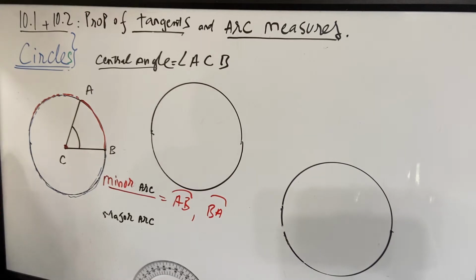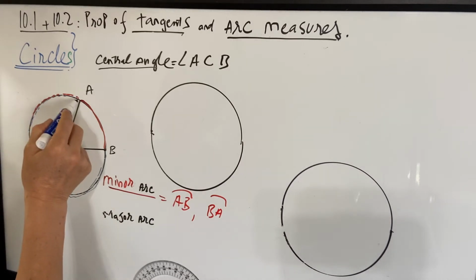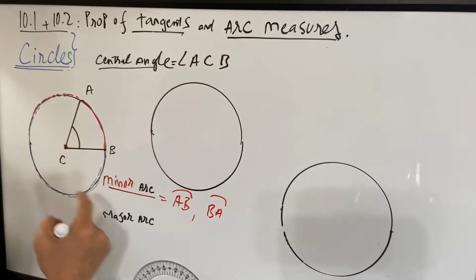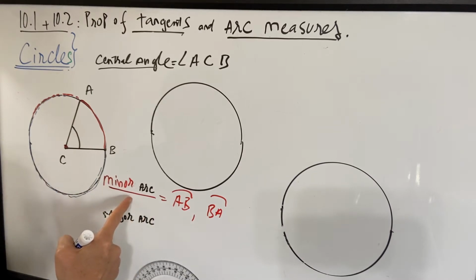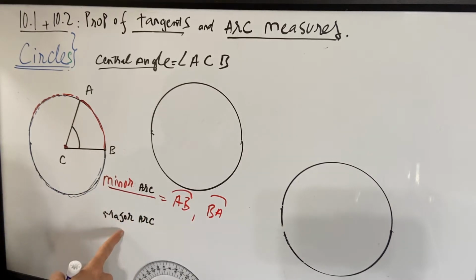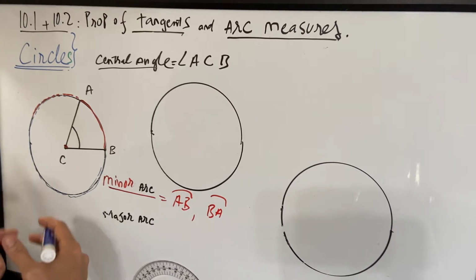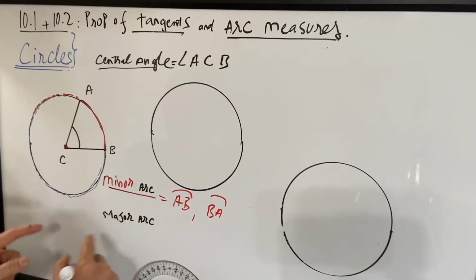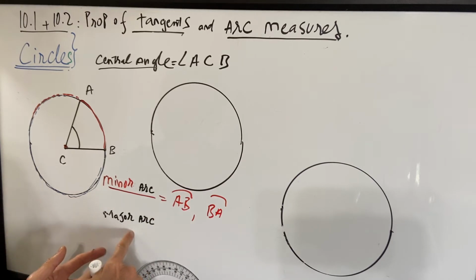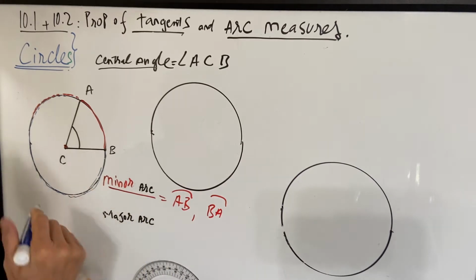If you have an arc that is bigger than 180 degrees, you no longer call that a minor arc, but you call it a major arc, correct. And to differentiate from the minor arc, the notation for the major arc requires 3 letters.